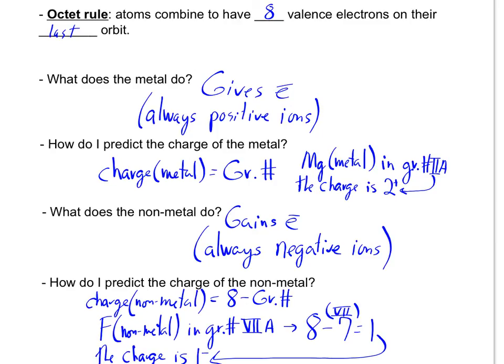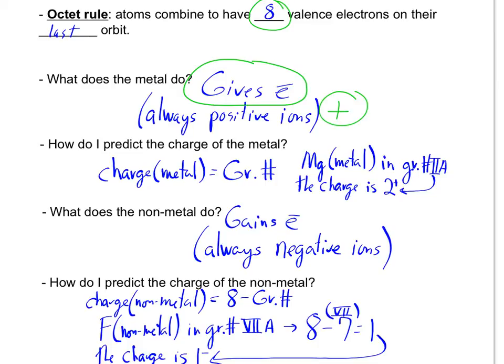So let's look at a few general rules to be able to do this exercise with any metal and non-metal. First, the octet rule. It means that atoms combine to have 8 valence electrons on their last orbit. Remember, for some of them it's going to be 2, but for most it's 8. What does the metal do always? We said metals give electrons, so they are always positive ions.